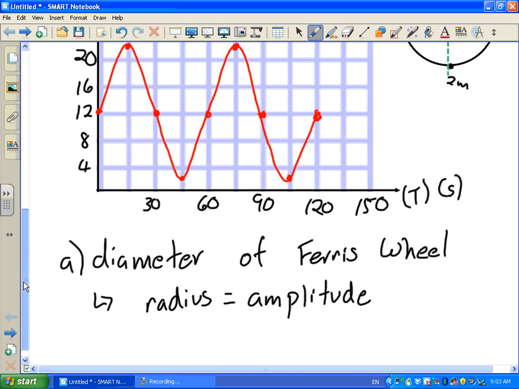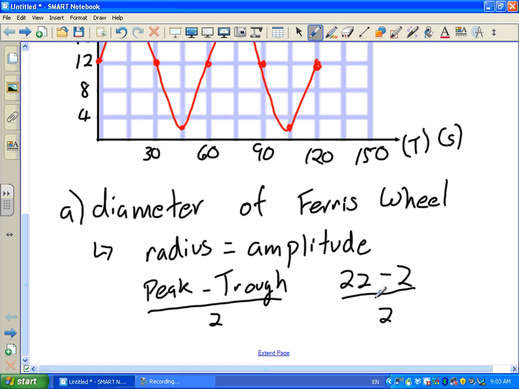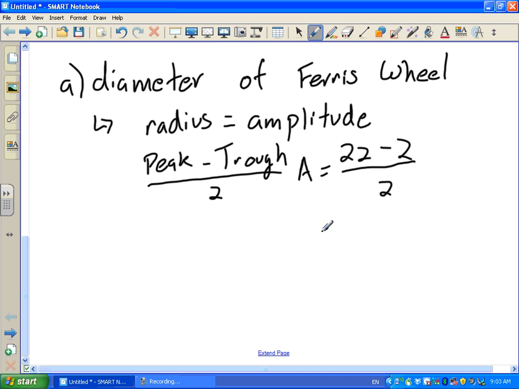Good. So the amplitude equation is our peak minus our trough, divided by 2. So we had our peak, we'd already figured it out, was 22, and our lowest point at trough was 2, divided by 2. Let's call this our A. So A will equal 20 divided by 2.